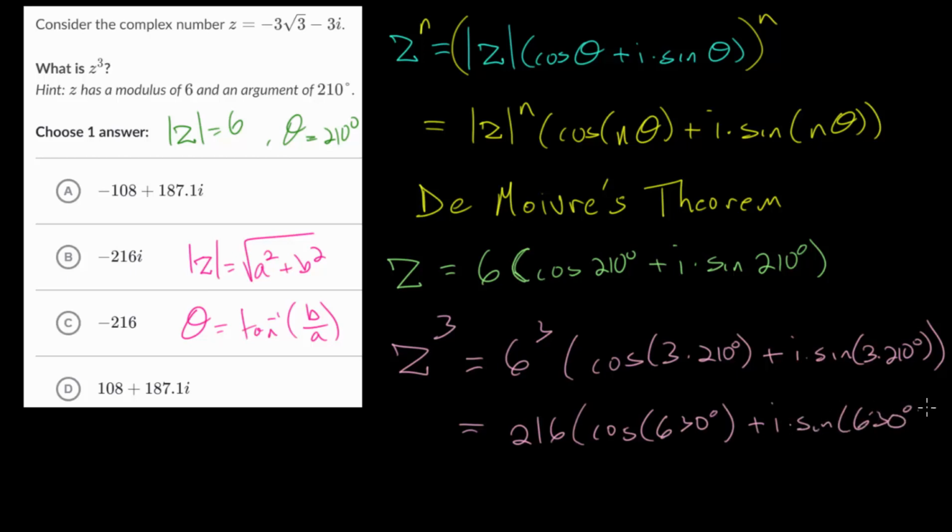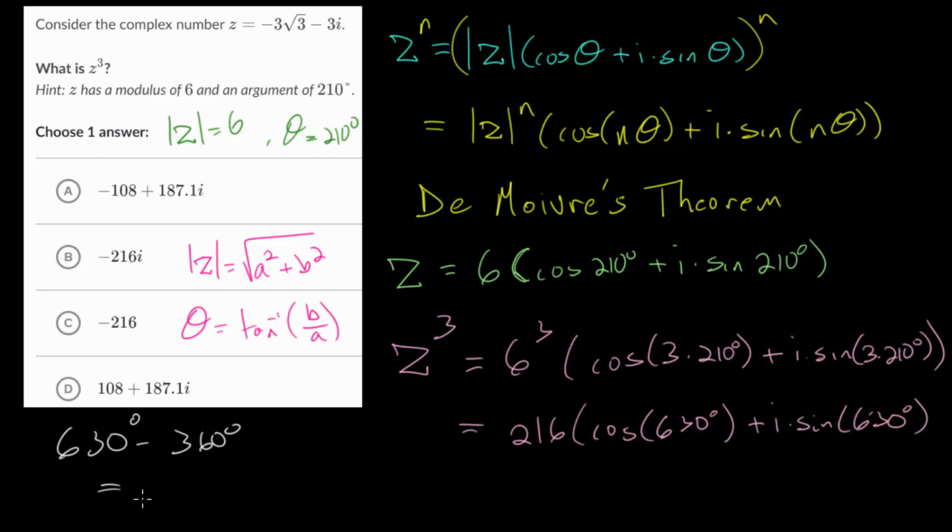Now, this angle is greater than 360. So if we take our angle of 630, we can subtract 360 just to find an angle between 0 and 360 so that it's more clear where the angle is.